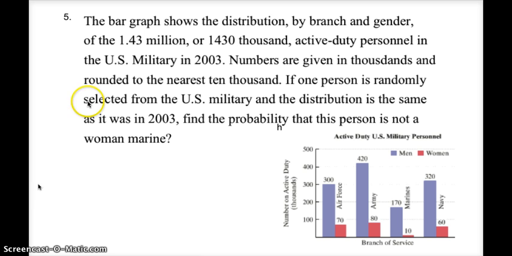In our last example for goal 3, we have a bar graph, so let's read about it. The bar graph shows the distribution by branch and gender of the 1.43 million, or 1,430,000 active duty personnel in the U.S. military in 2003. Numbers are given in thousands and rounded to the nearest 10,000.